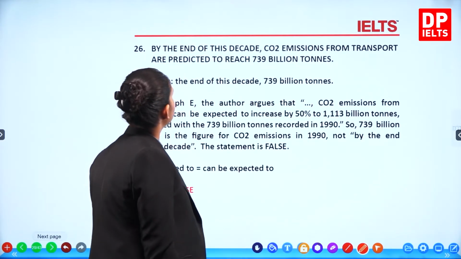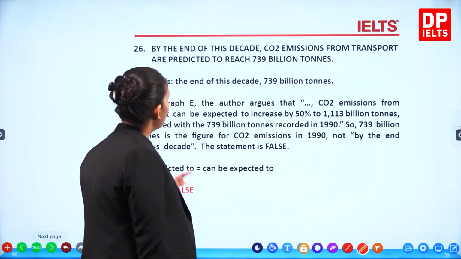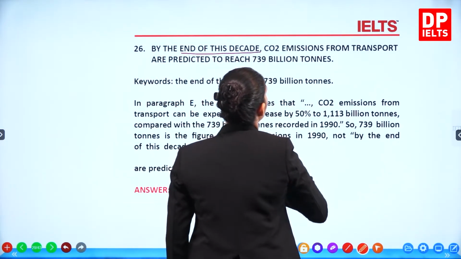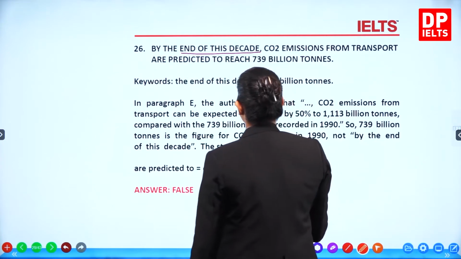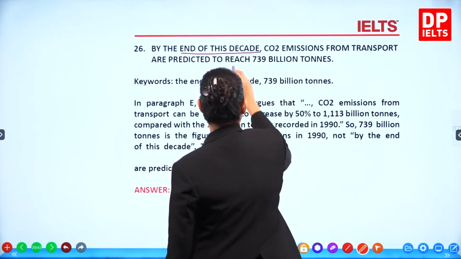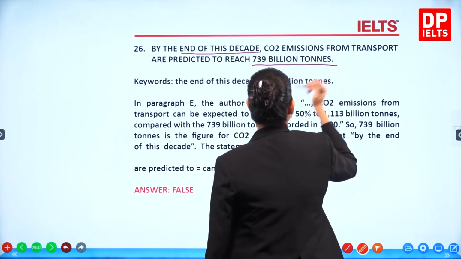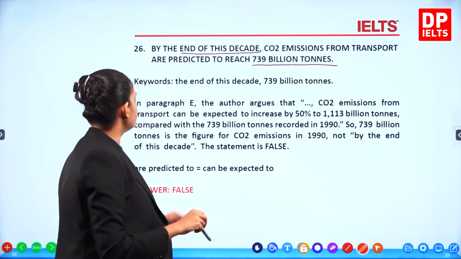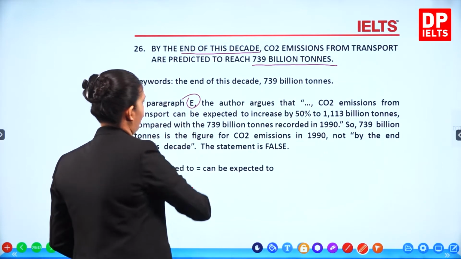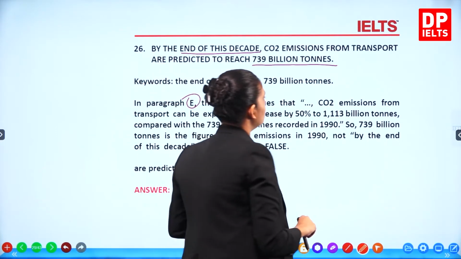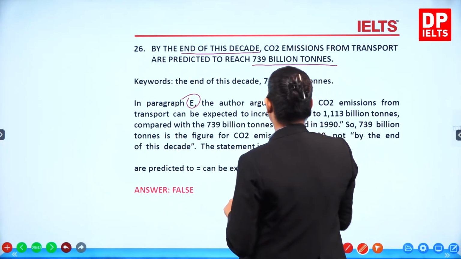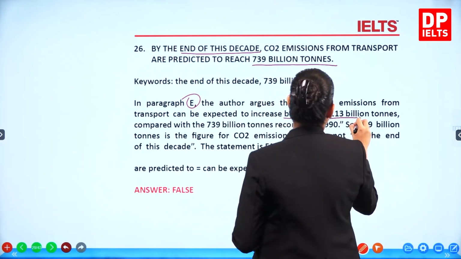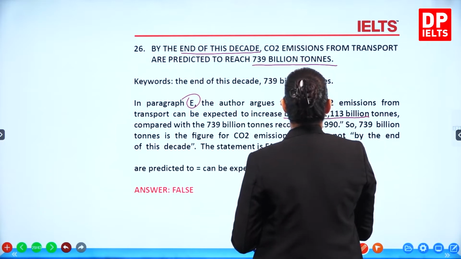Question number 26. By the end of this decade, CO2 emissions from transport are predicted to reach 739 billion tons. Go to para E. CO2 emissions from transport can be expected to increase 50% to 1,113 billion tons.